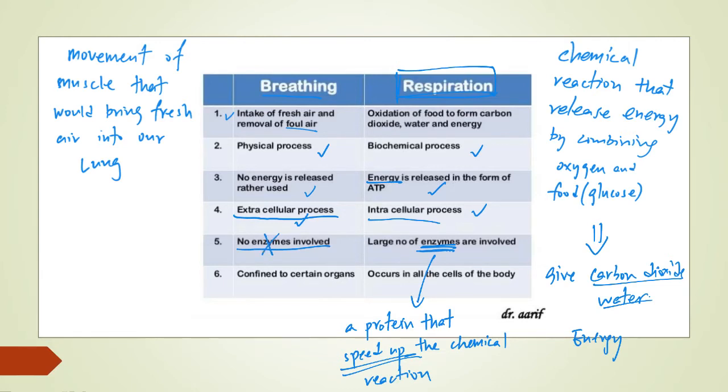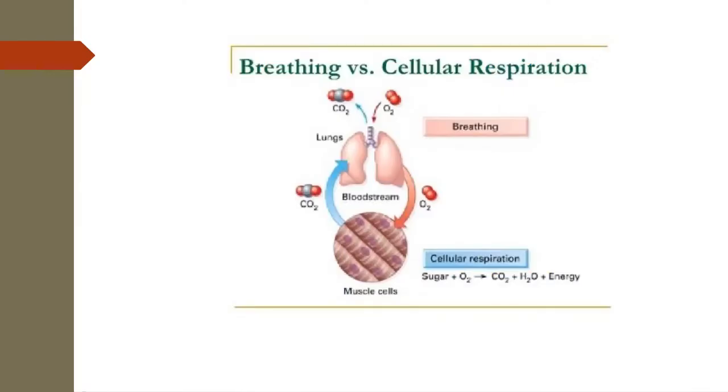Okay, and six, breathing only happens in certain organs, while respiration happens in all living things. All of them need energy. So the story is like that. At the very beginning, our cells need energy.